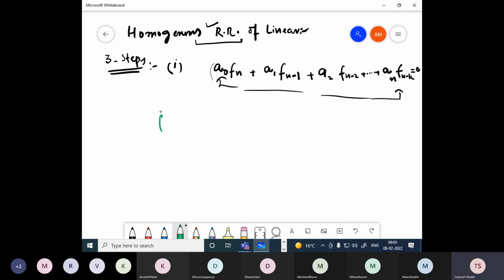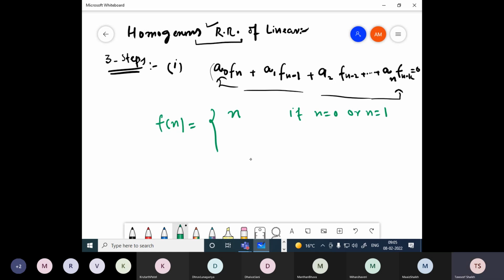Suppose a recurrence is given to us: f(n) equals n if the value of n is either 0 or 1.